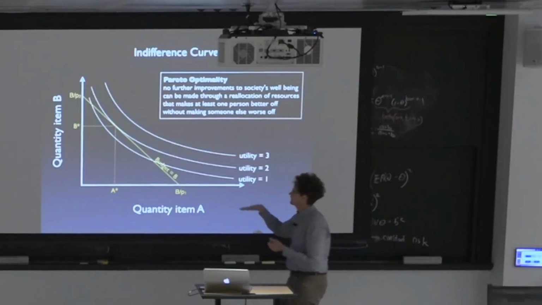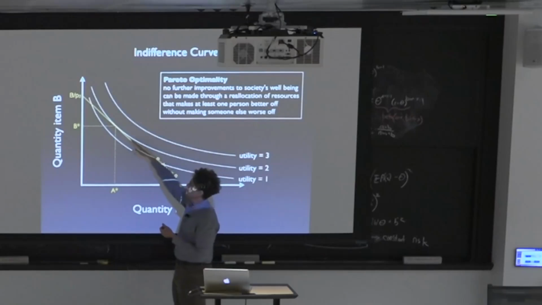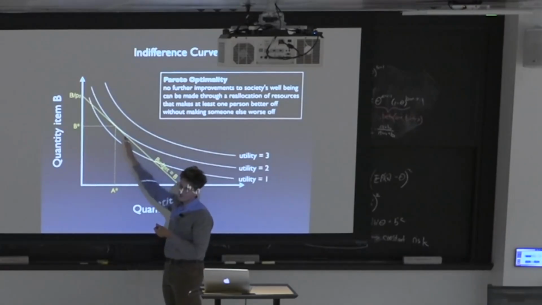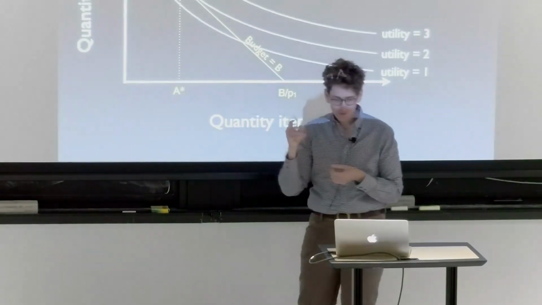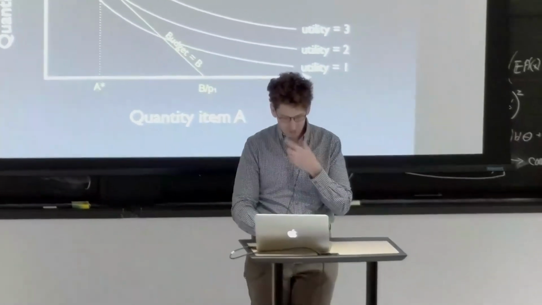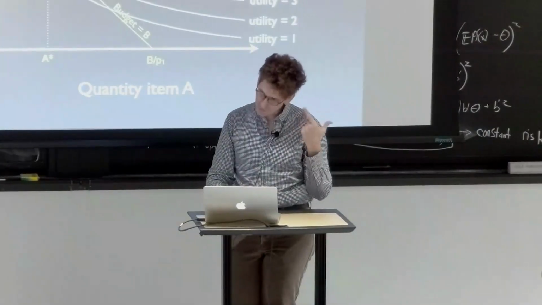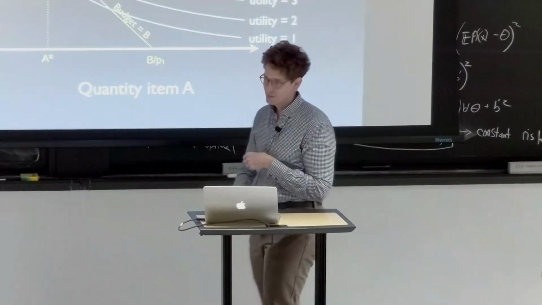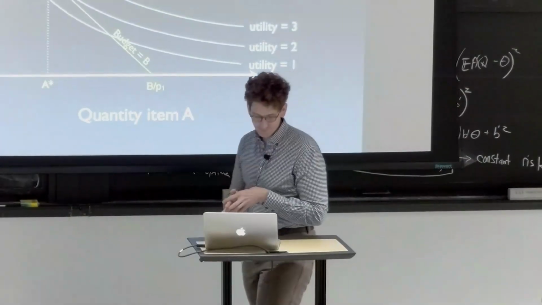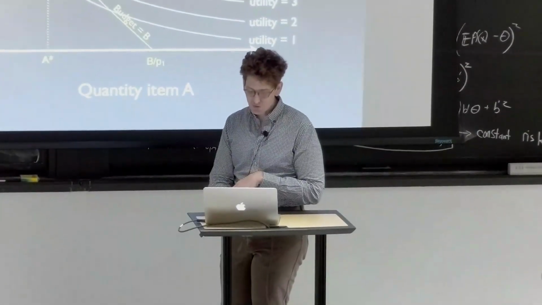Of course, I can move myself up this curve if I take away someone's cookies, but I have made them worse off, right? So that is the condition of Pareto optimality. And this will come back a little bit when we talk about the problem of externalities. So this is the basic virtue of the market.